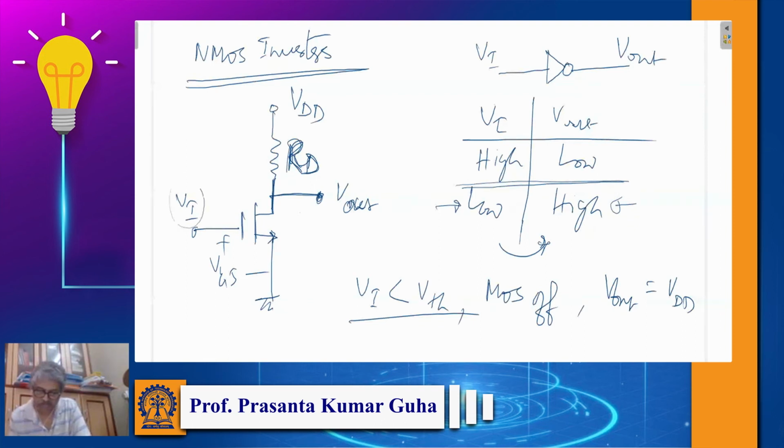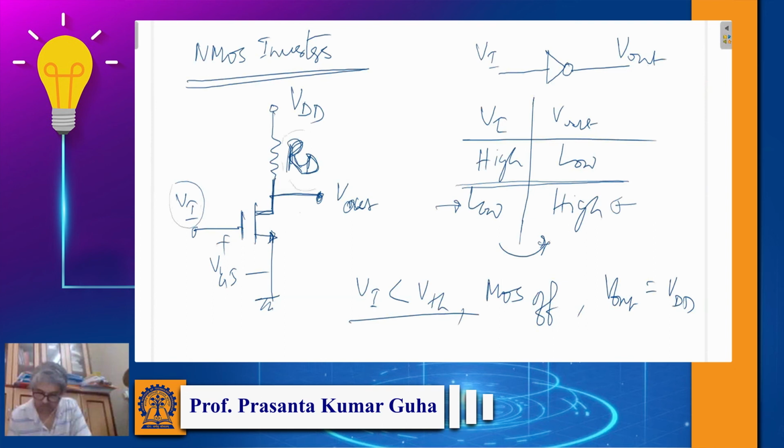If the input is high, say nearly equal to VDD, it will take the transistor into the triode region. Saturation is the term in the case of BJT; here it is the triode region.